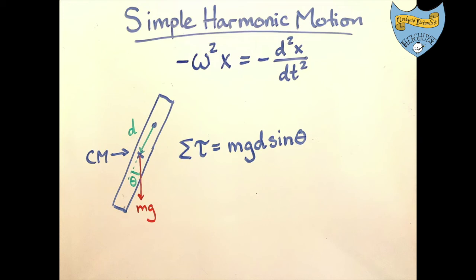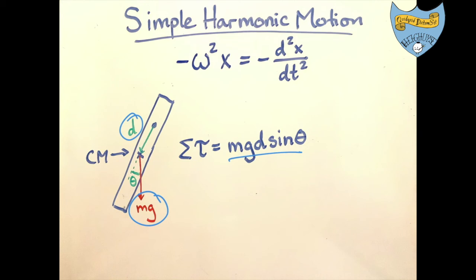Remember, torque is a cross product, F cross r. The weight of the pendulum is the bit that makes it oscillate, and the pivot point always has to be some distance away from the center of mass, because if you put it at the center of mass, it wouldn't oscillate. So the pivot's always got to be some distance d away.